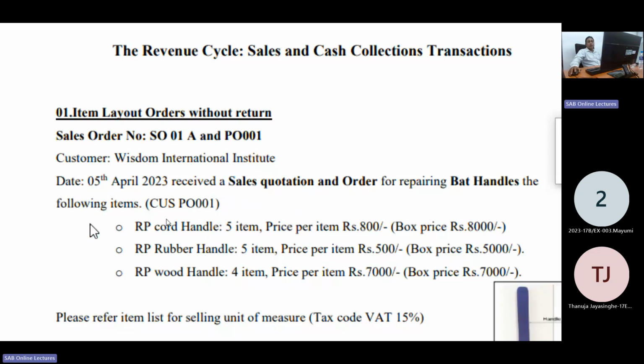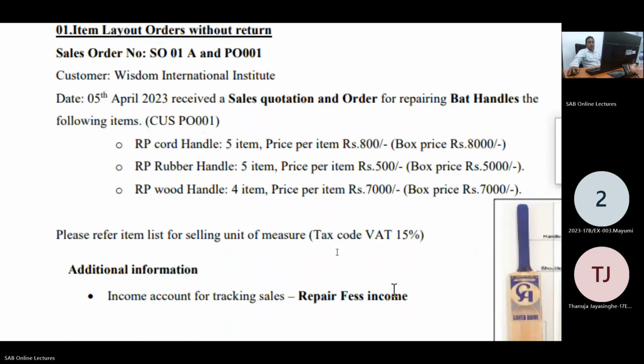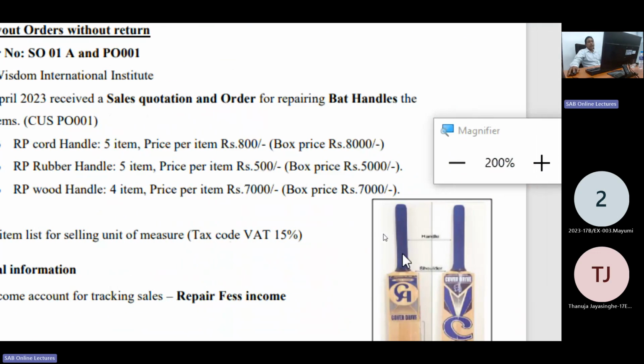The following items: RP cord handle, 5 items. Price per item 800. Box price means the boxes including 10 items or 12 or something. One item 800, box price 8000. RP rubber handle, wood handle. Like this are the items, handle items.